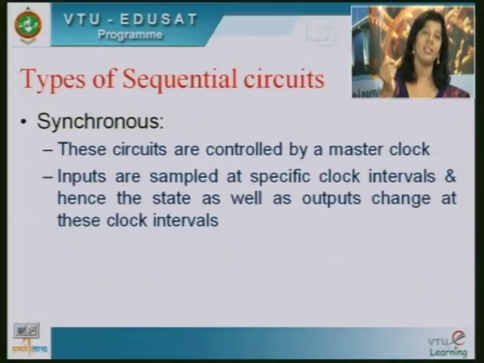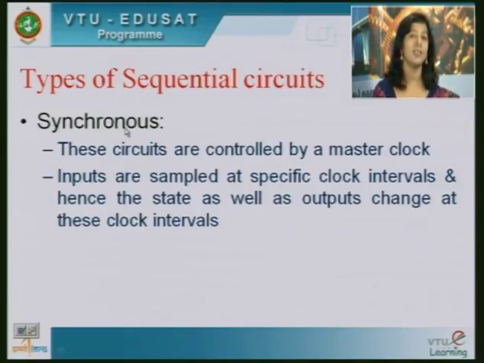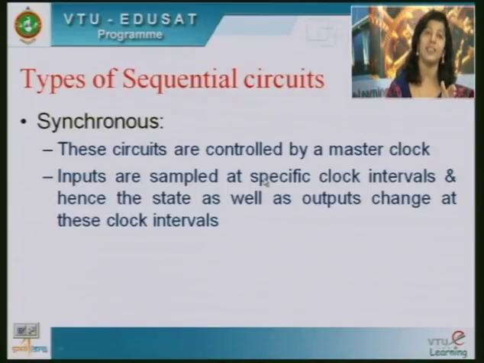So, at one rising edge or falling edge of the clock signal, the inputs are sampled and the output is taken at that particular time. So, timing will be fixed in these circuits and controlled by this master clock. As shown here, inputs are sampled at specific clock intervals and therefore, the state as well as outputs will change only at those clock intervals. It can be an edge of the clock, either rising edge or falling edge normally.